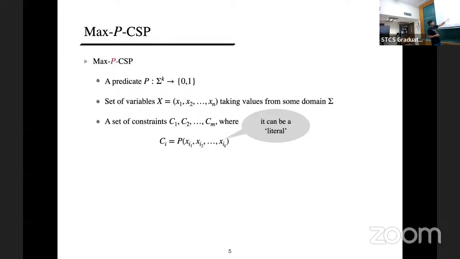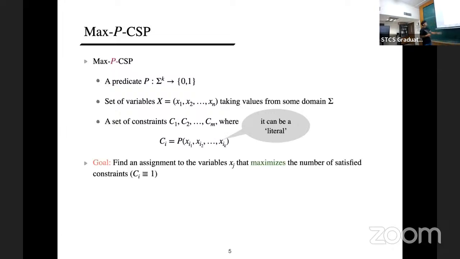Here, a variable can be a literal. For example, in 3-SAT, you can plug in either x_i or x_i complement. We can define literals for a general domain, but I won't define it for now. But what we need to think of is that even without literals, this also makes sense. So these constraints are of this type, and again, the goal is to find an assignment to these variables that satisfies as many constraints as possible.